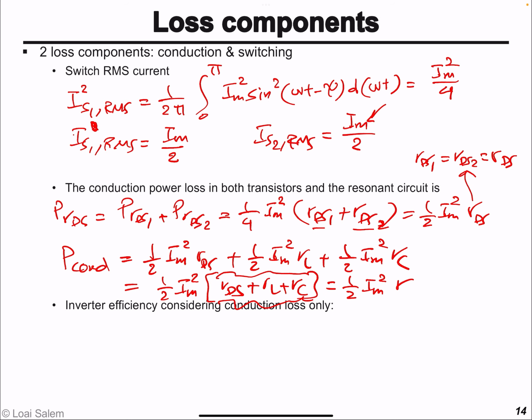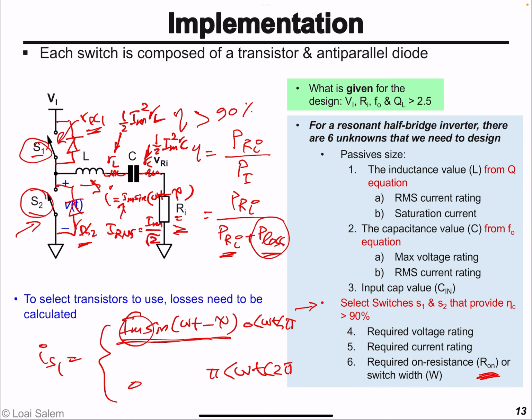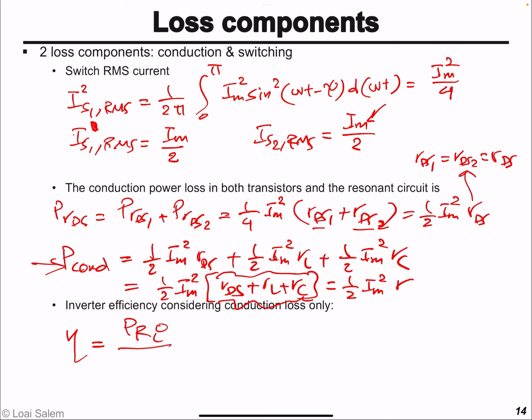And so, for simplicity, a first order expression for the efficiency of the converter, which is the ratio between the power that's delivered to the AC load divided by the power taken from the DC supply, which we said can be rewritten as PRI divided by PRI plus the conduction loss that we just calculated.